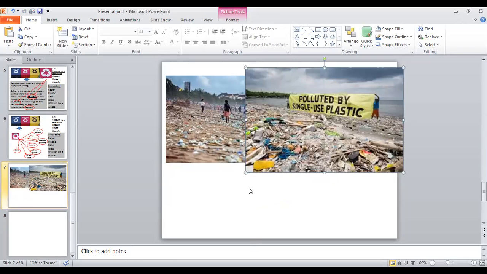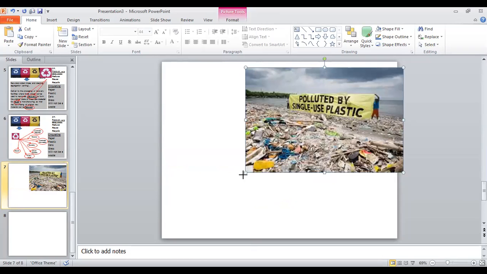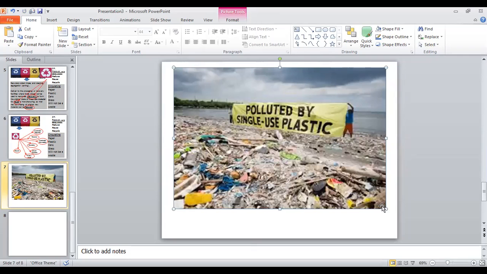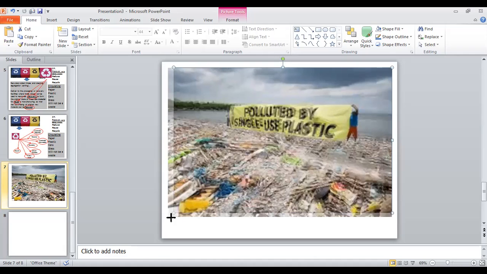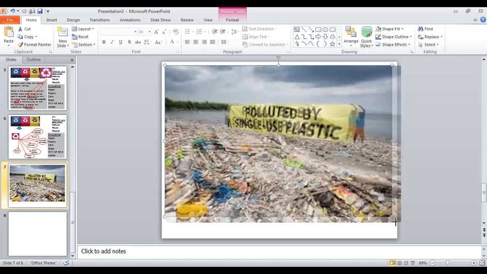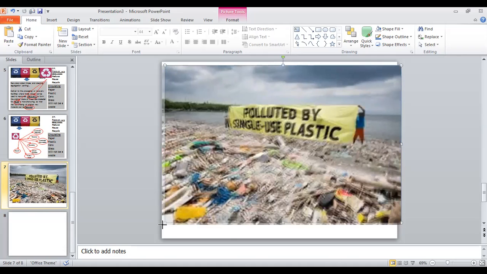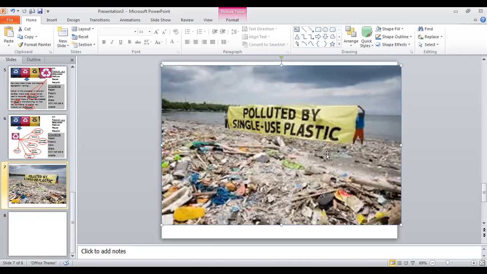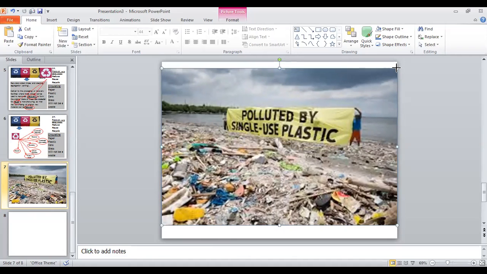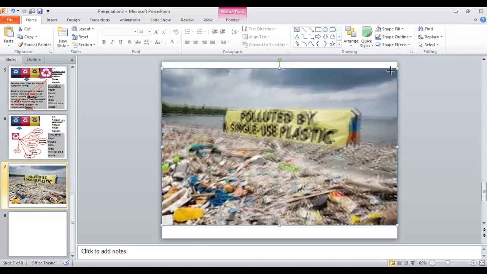See, this beach is polluted by single-use plastics. So Sri Lanka, for marine pollution, we are among the top 5. Okay, you know that. We are among the top 5.